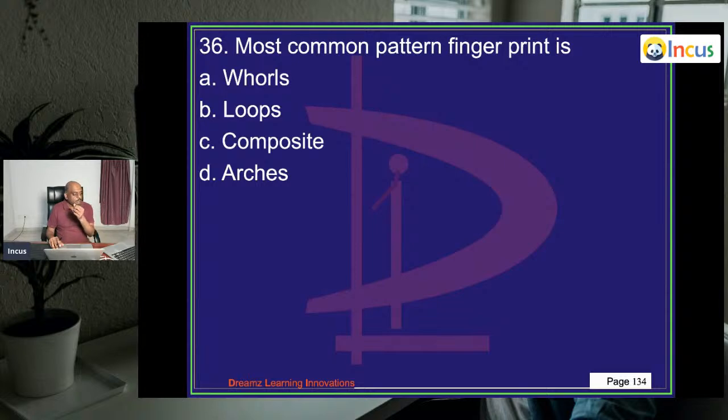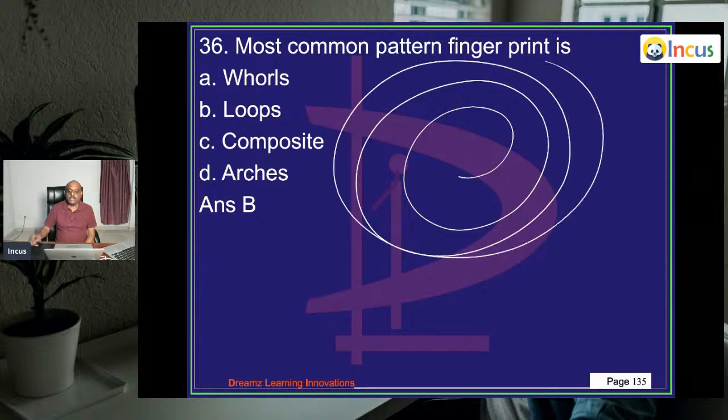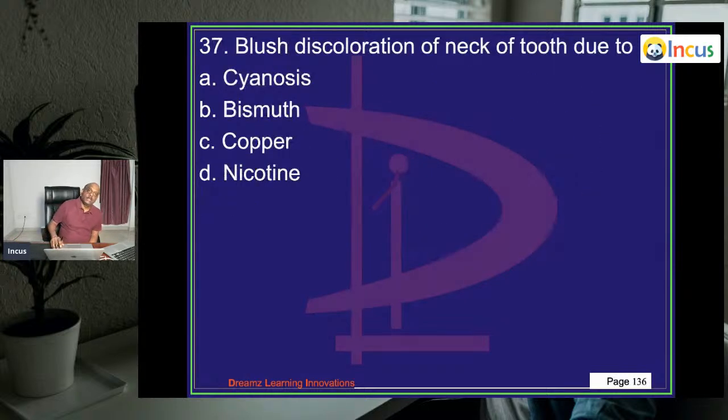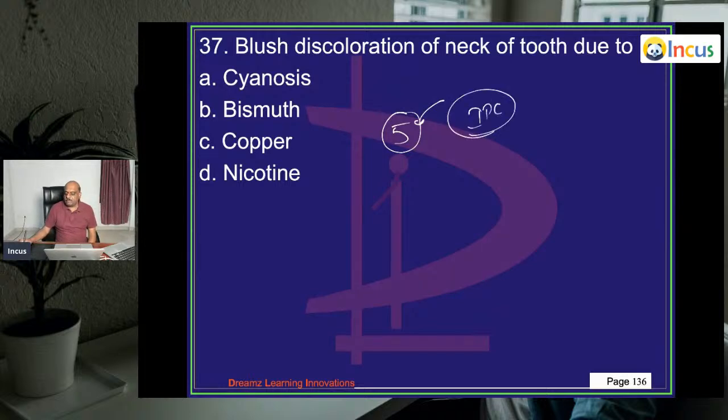Most common fingerprint pattern is loops. Loops is what you need to remember. Forensic medicine तो very standard questions होता है. 5 out of 5 you can hit and come out. Forensic, उत्तर simple. One question definitely will come from one of the IPC code.